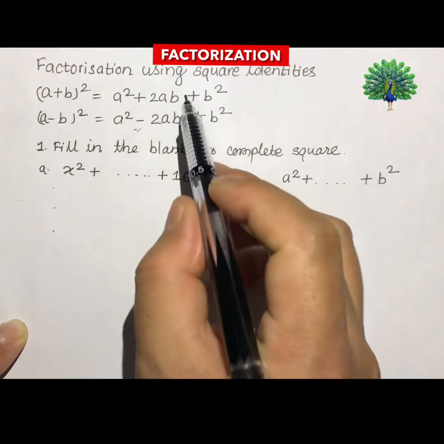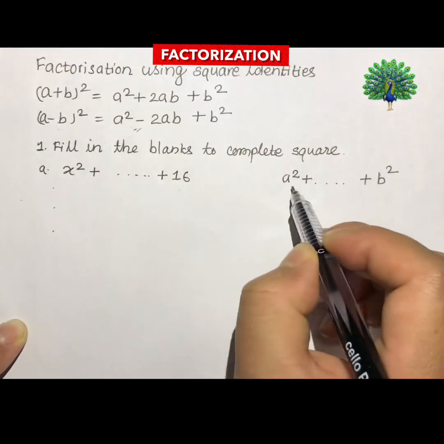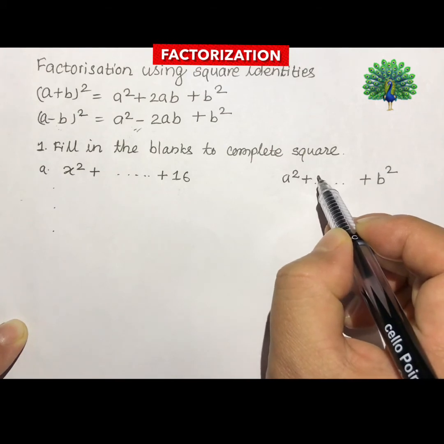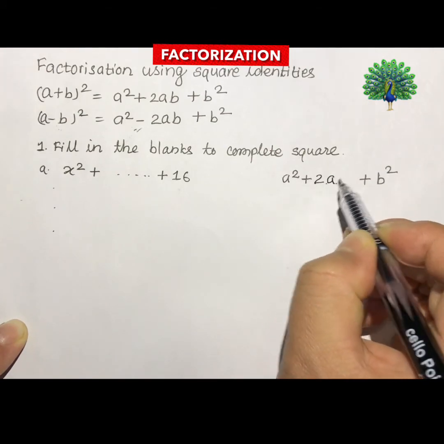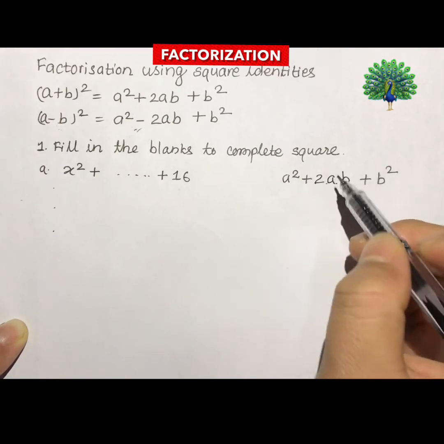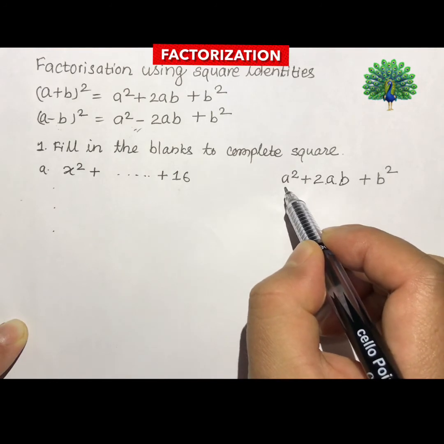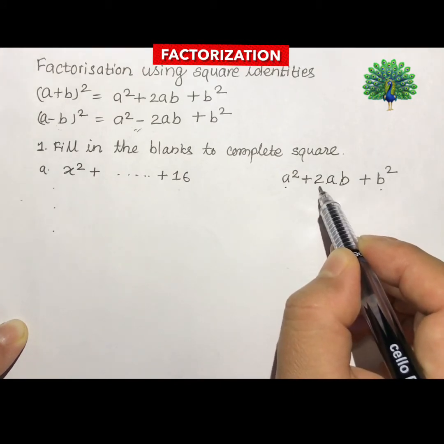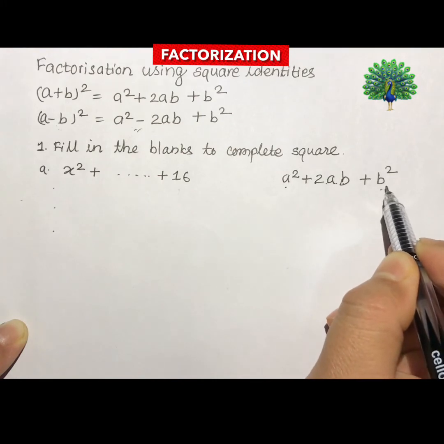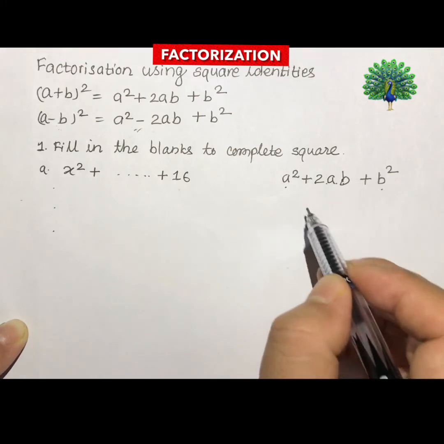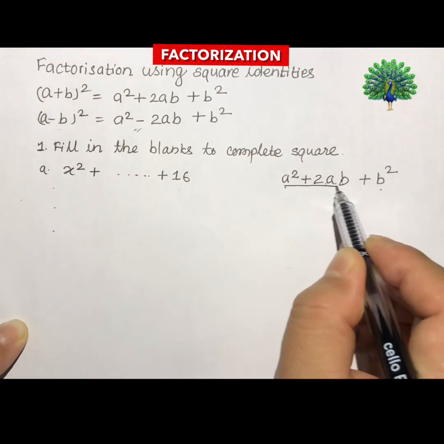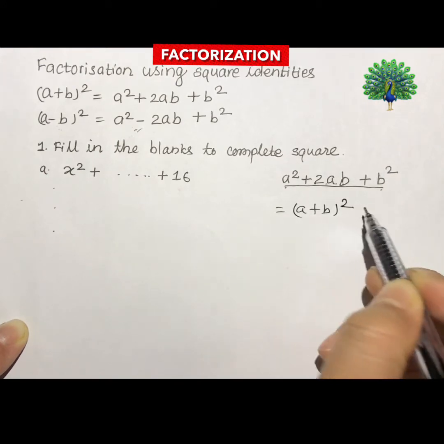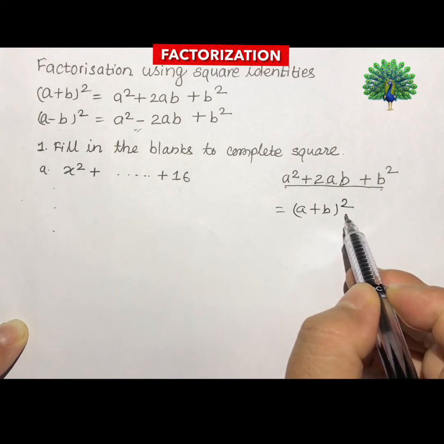According to this formula, what should be here so that the whole term becomes a square? Obviously, 2ab. That means the first term is a square, the second term is a square, and by putting the middle term 2ab, we can make the whole term a square. Using this formula, in place of this we can write (a + b) whole square. In the same way, this has been completed by using the formula.